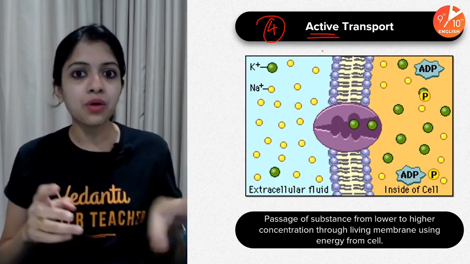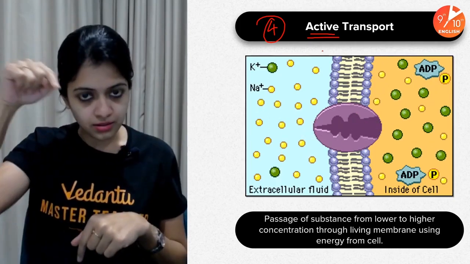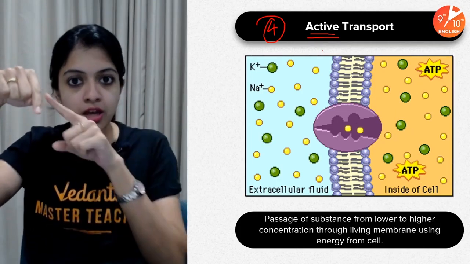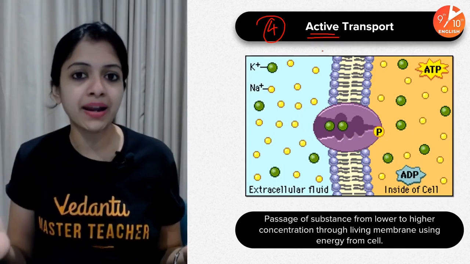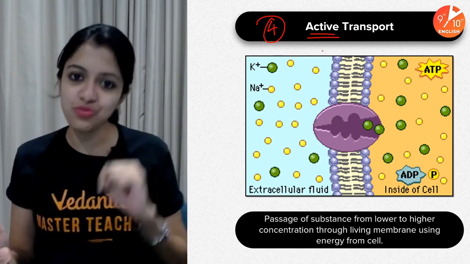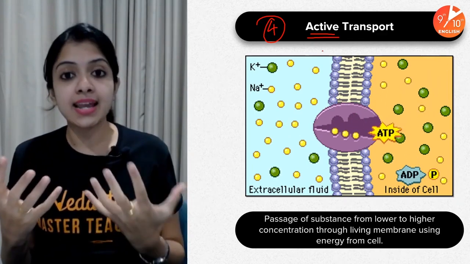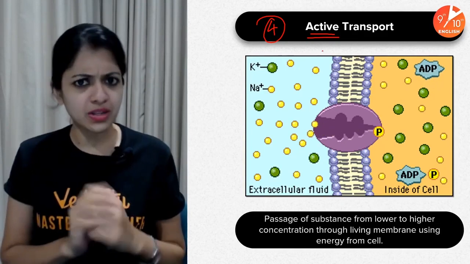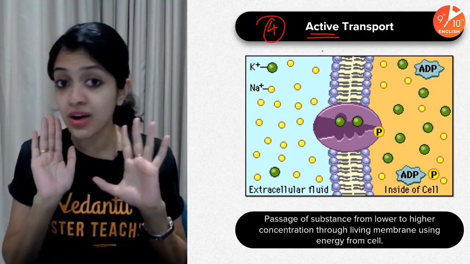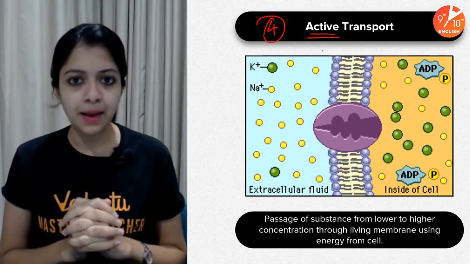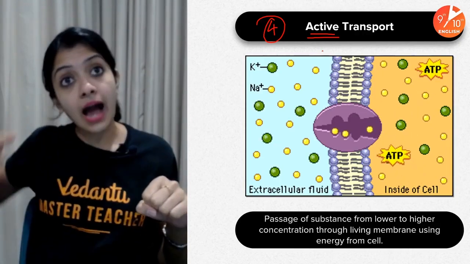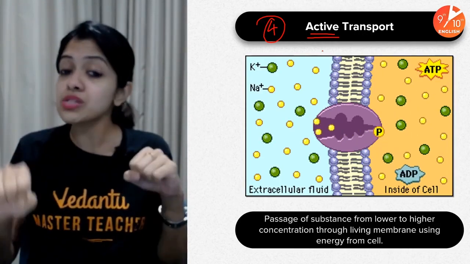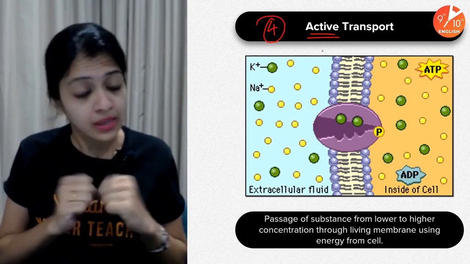When you are going downhill from a place at an elevated position, you don't really have to even pedal. You will automatically move with the flow, right? That is an example of diffusion. You don't have to spend any extra energy there. It naturally happens.